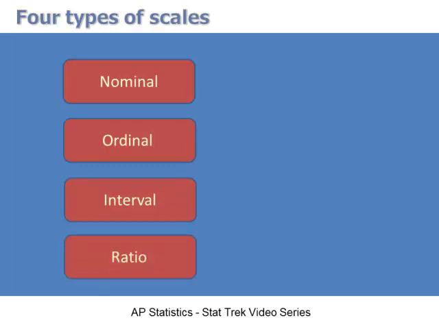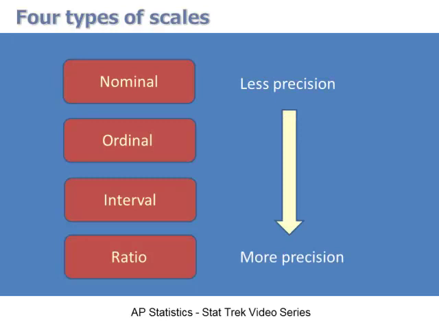These scales are listed in increasing order of precision. This means that you can do a finer analysis when your variables are measured on interval or ratio scales than when they are measured on nominal or ordinal scales.